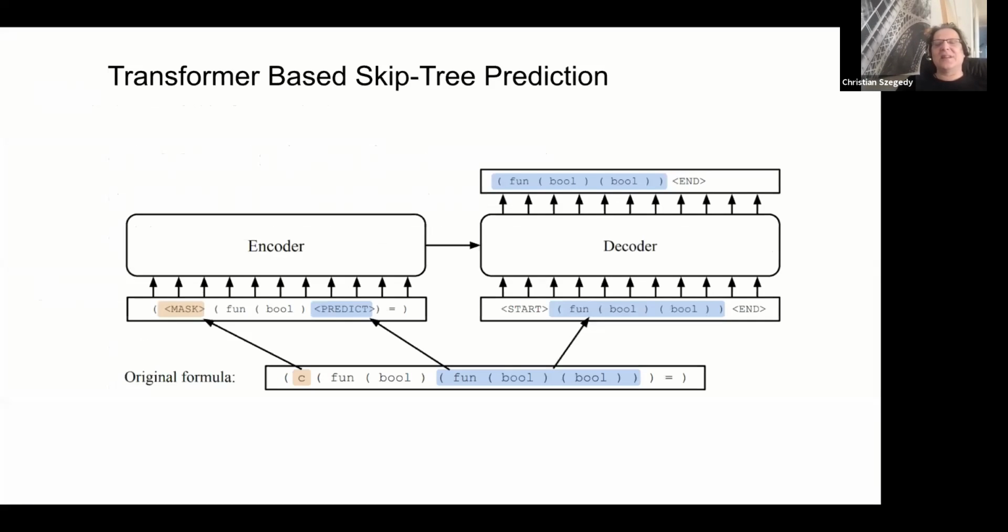You have two transformer networks. One is an encoder that sees the whole input sentence at once. The second one sees the output, the missing subtree. The encoder just sees the context, the tree without the omitted subtree, and then the decoder sees the partial sentence.